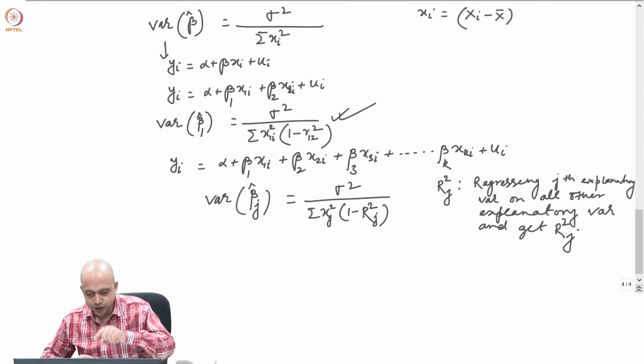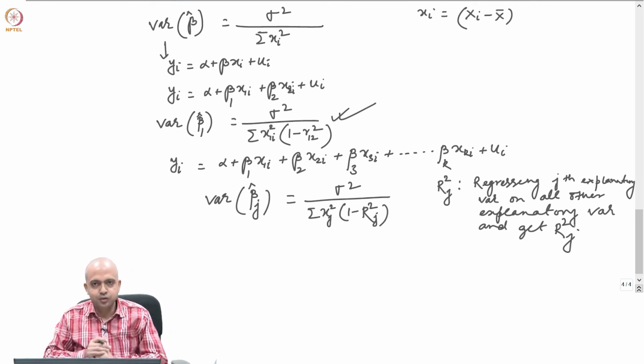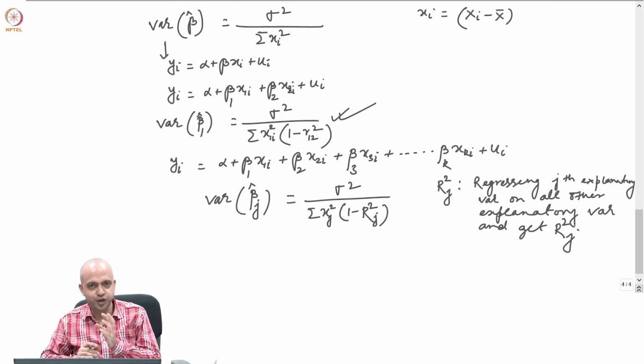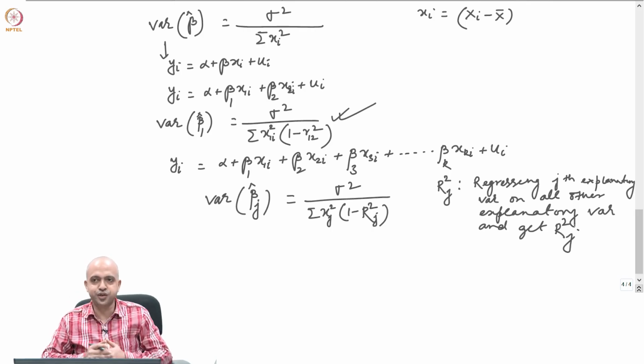Is this clear? So, when you have multiple regression model, then this R square j is nothing but the R square what you get by regressing the jth explanatory variable on all other explanatory variables.